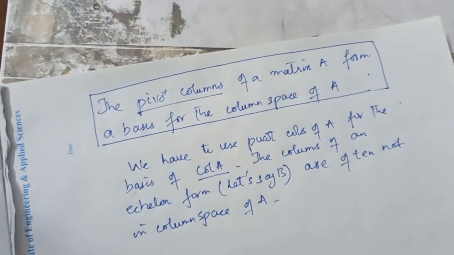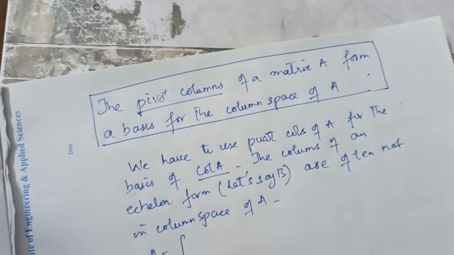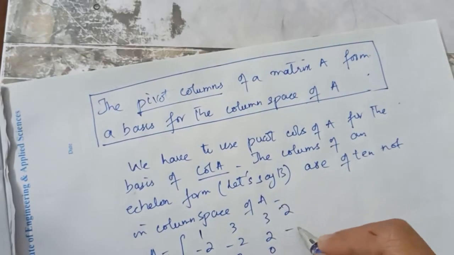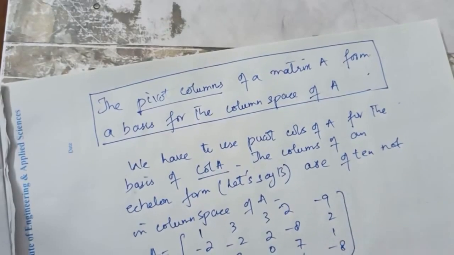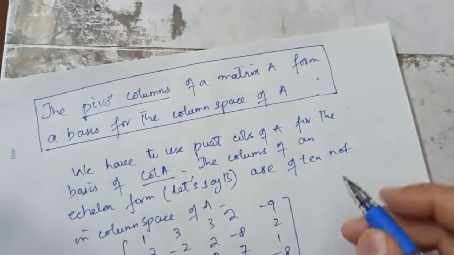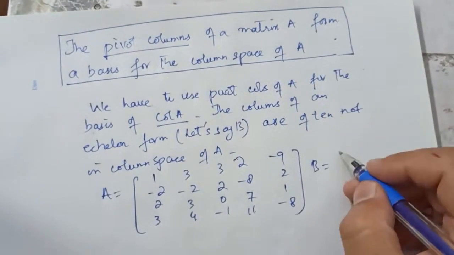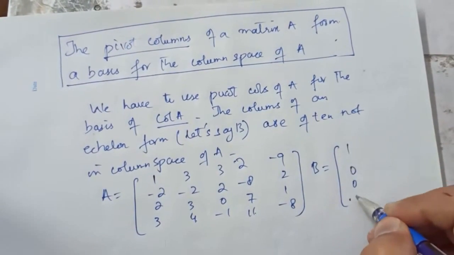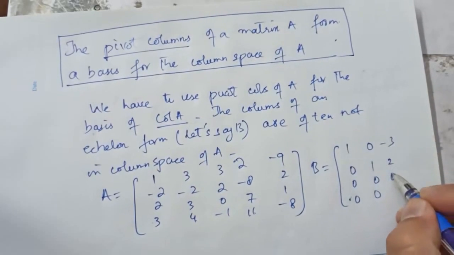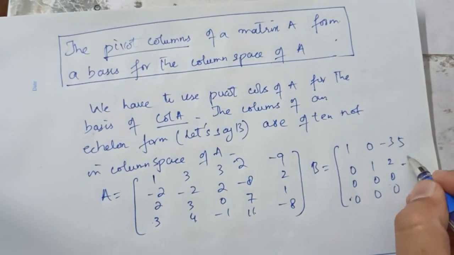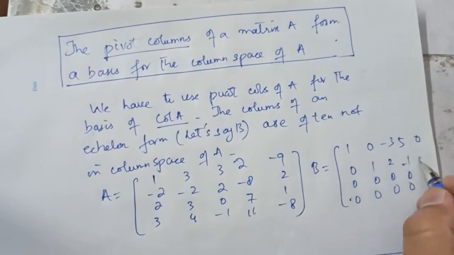For example, let's say this matrix A, which is 1 -2 2 3, 3 -2 3 4, 3 2 0 -1, 2 -8 7 11, -9 2 1 and -8, right? And now look at this matrix B, which equals 1 0 0 0 0 1 0 0 -3 2 0 0 5 -1 0 0 0 0 1 and 0.